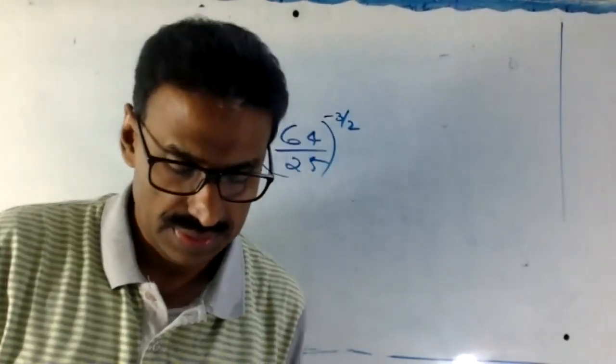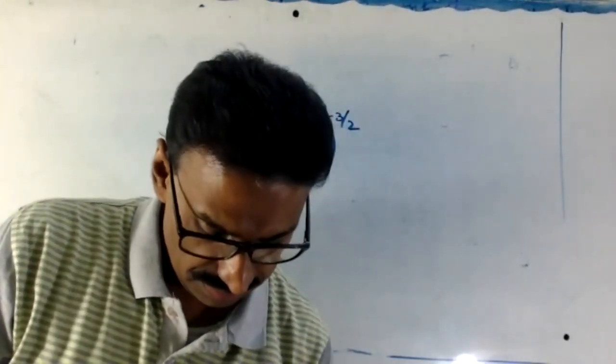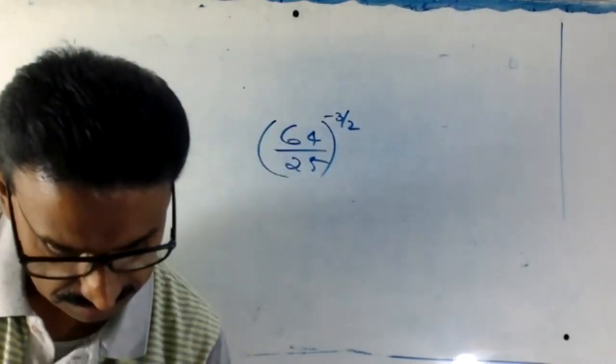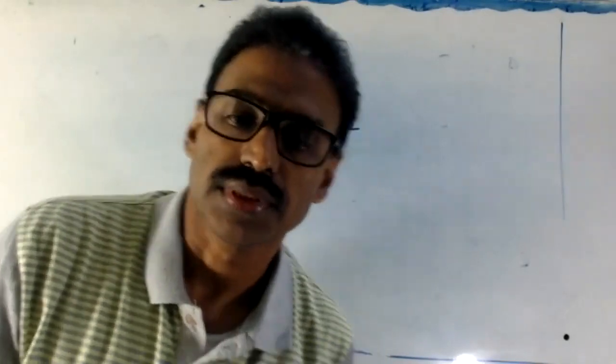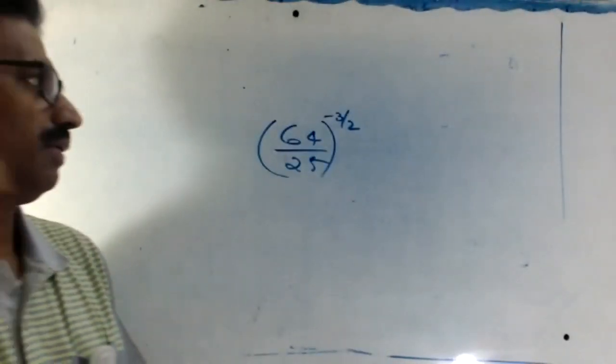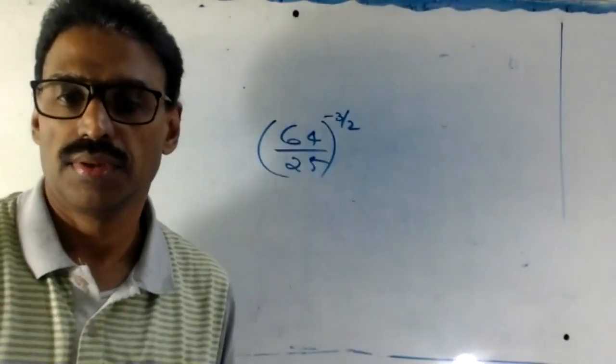Can you try? Okay, you try now. You can try: 64 divided by 25 whole raised to minus 3 by 2.